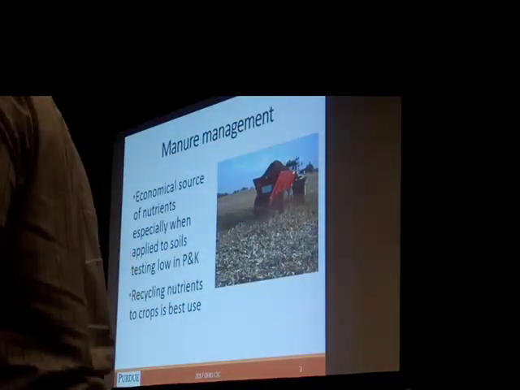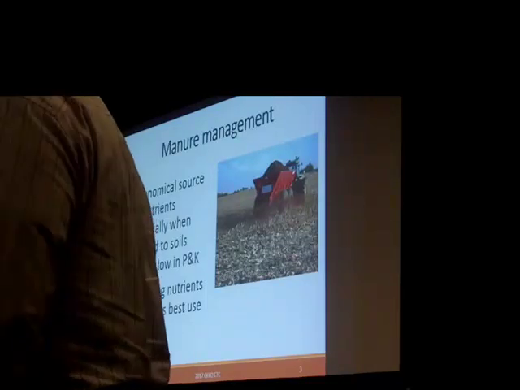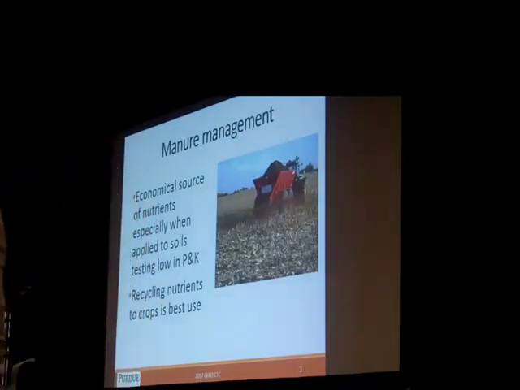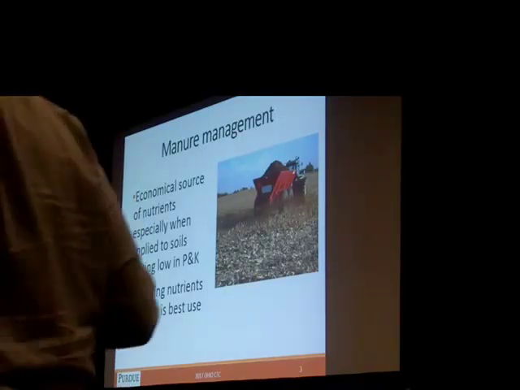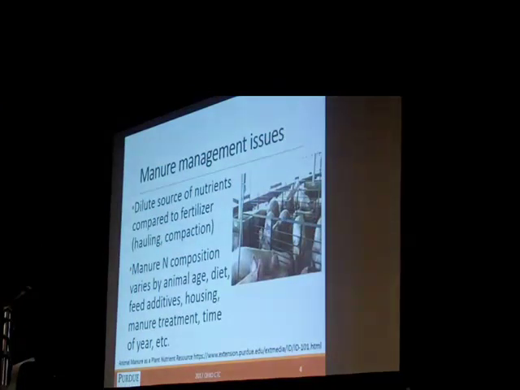And no matter what we say, utilizing this manure and recycling those nutrients to crops is the best use. We don't have any alternatives that can be widely adopted. Well, why is it difficult to use manure?